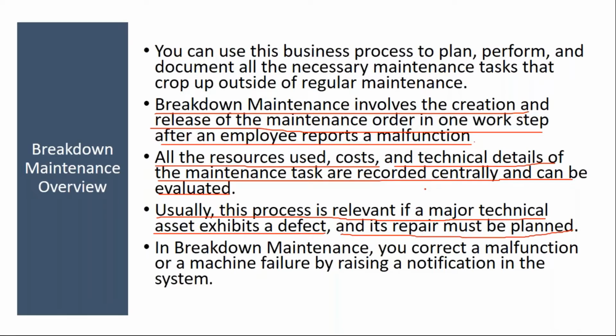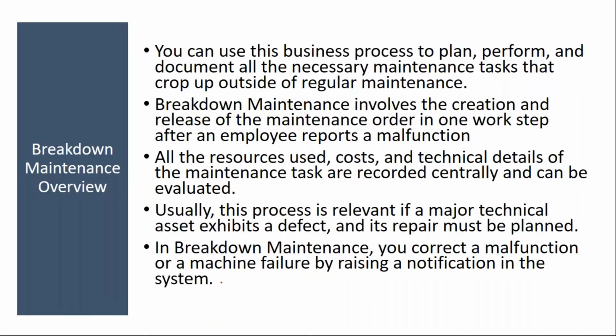Breakdown means it's a major problem, right? So that is handled through this breakdown maintenance. In breakdown maintenance, you correct a malfunction or a machine failure by raising a notification in the system.